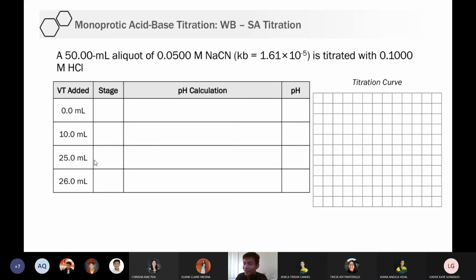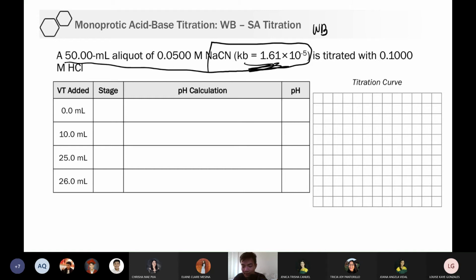Anyway, ayan, you have the problem. Ano gagawin nyo? Unang-una, hanapin si analyte, hanapin si titrant, and then identify anong type sila ng acid or base. Strong ba sila o weak? Yung naunang sabihin, yun yung analyte. NaCN, binigay na yung Kb, ibig sabihin weak base yan. Titrant mo is HCl, strong acid.